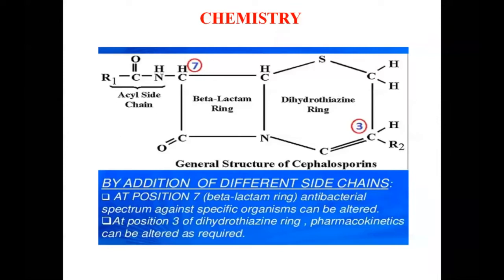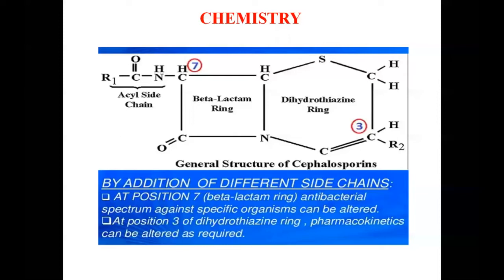And in the beta-lactam ring at position 7, if you do some modification in the side chain, you get an antibacterial spectrum which is against certain specific organisms. So the antibacterial spectrum can be altered by doing the side chain modification at position 7.